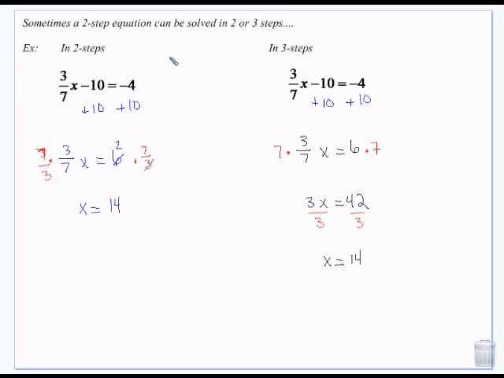So in 2 steps, you're going to add or subtract, then multiply by reciprocal. In 3 steps, you're going to add or subtract, multiply by the denominator, and then divide by the numerator.